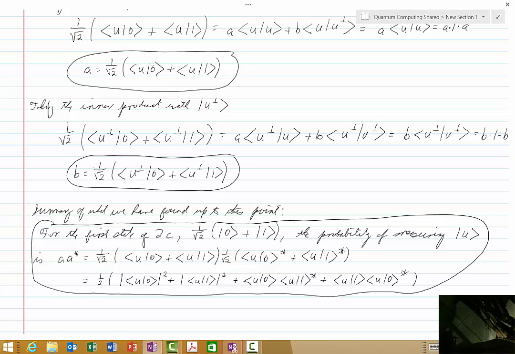Now, we could go ahead, if you wish, and compute the probability of measuring u orthogonal, but as I stated before, to do that, all we would need to do is multiply b by b conjugate, but after doing all the work, what we would find is that we would just obtain 1 minus this, because there's only two things that we can measure, u or u orthogonal.